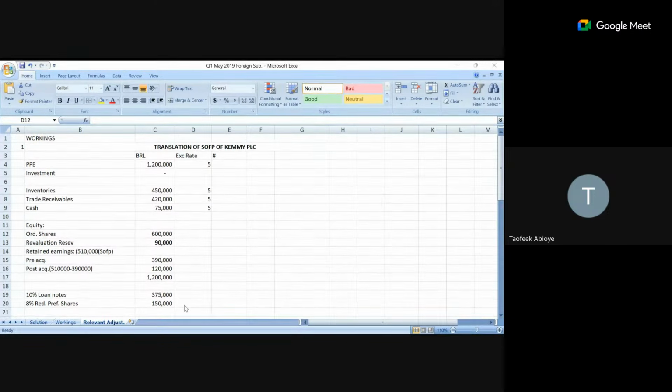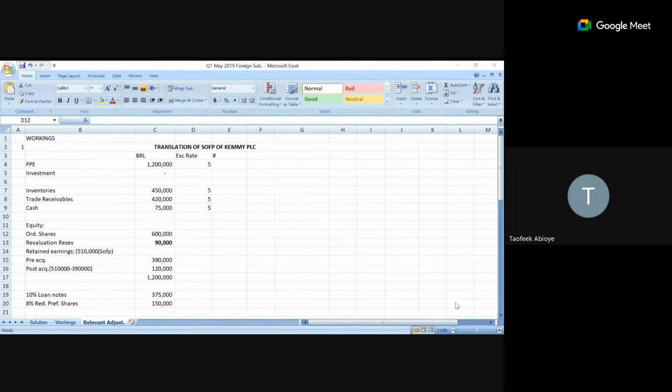So, what is the rate we are going to use when we are dealing with our equity items? Please, let's remember it is our DOE rate. Please don't let us use DOC for PPE, the asset and liability, and equity. Please, it is DOE rate.